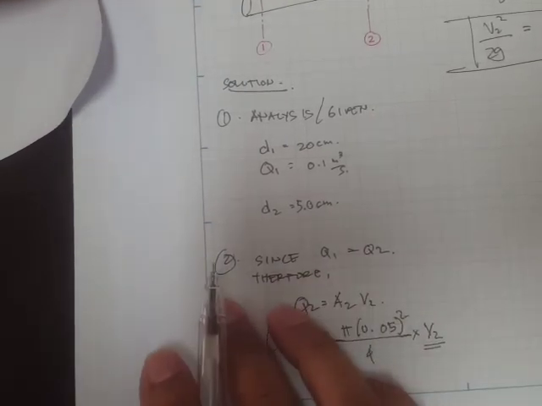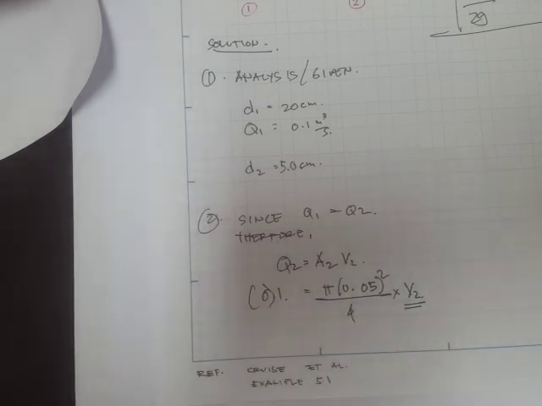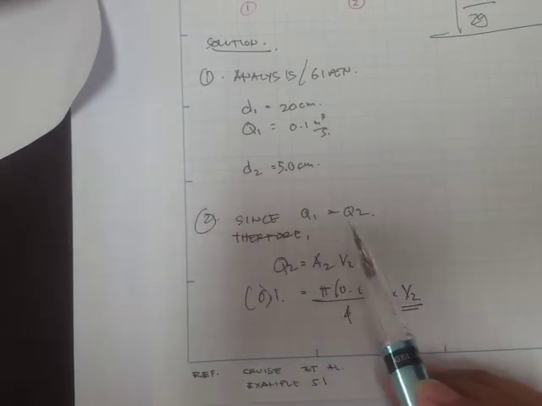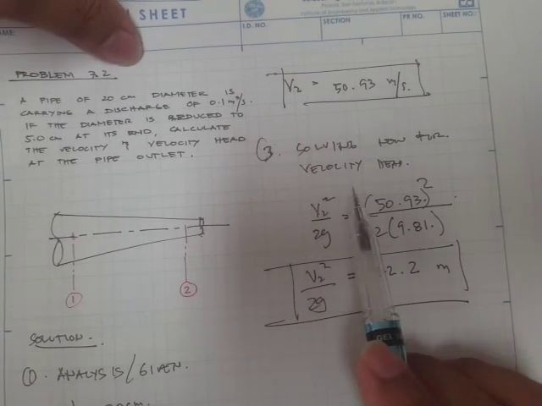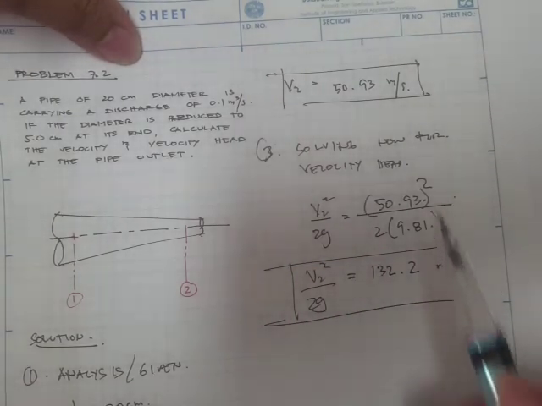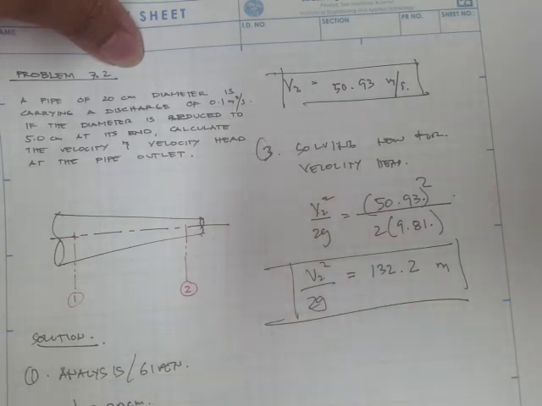The first thing that we observe is that the flow rate Q1 is given, and since Q1 is equal to Q2, therefore you can solve for the velocity. Since we have the velocity, then we can solve for the velocity head, and we just substitute the value of velocity and we get a value of 132.2 meters.